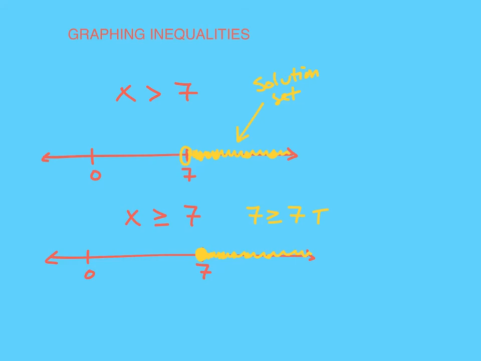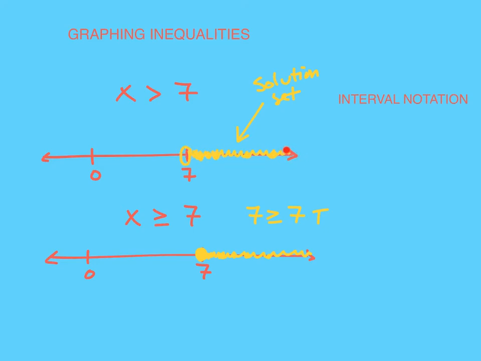Now, the next thing I want to talk about is interval notation. I can write my solution as x is greater than 7. I can graph it, but I could also write interval notation and use the graph to help me. This graph starts at 7, and my solution set goes to the right.